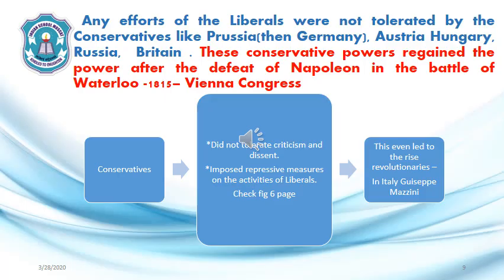There is a reference to the role of Giuseppe Mazzini in Italy in the textbook, a revolutionary leader. He laid the foundation for such revolutionary activities in Europe. First in Italy, then of course such revolutionary clubs were formed in major parts of Europe, like Young Italy. There is a reference to Young Europe.